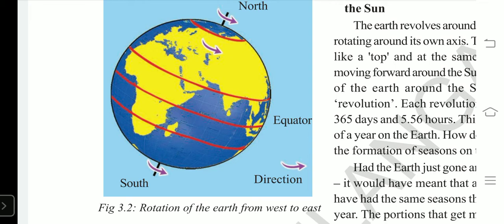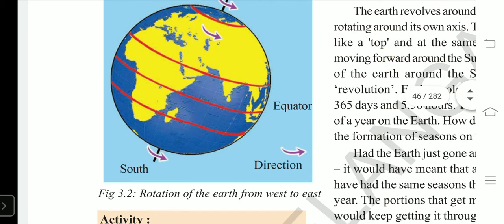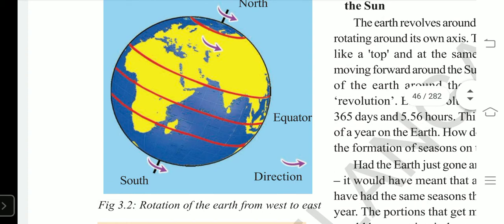In its rotation, the part of the Earth which is exposed to the sunlight varies at every moment, so the duration of the day and the duration of the night change every moment, right? So we say day and night occur by the Earth's rotation.